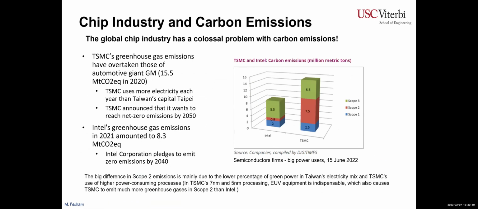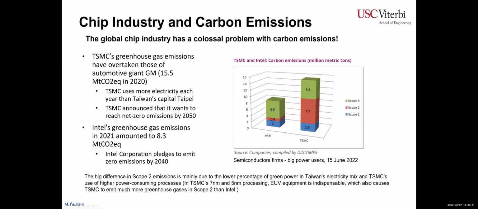So in terms of the chip industry and carbon emission, these are data points comparing TSMC versus Intel, scope 1, scope 2, scope 3 type emissions. And you can see that when you look at Intel, its total million metric ton equivalent carbon emission is much lower than TSMC.